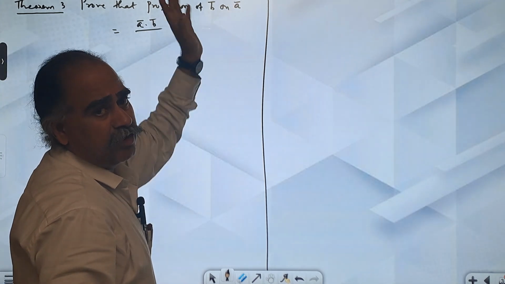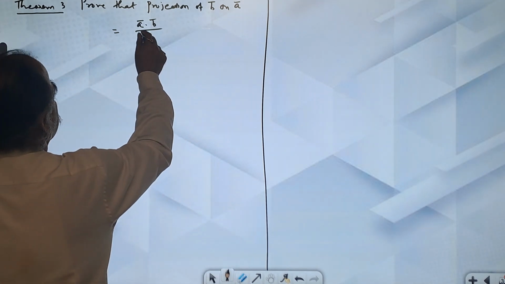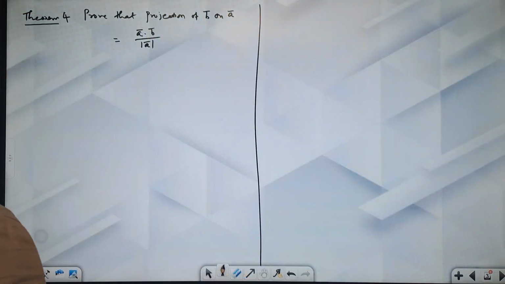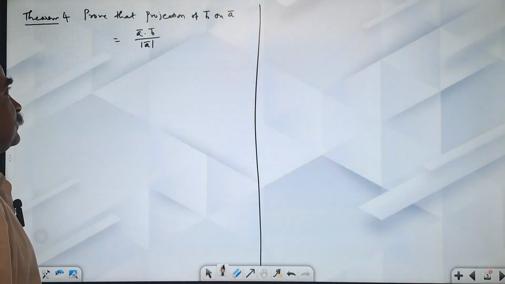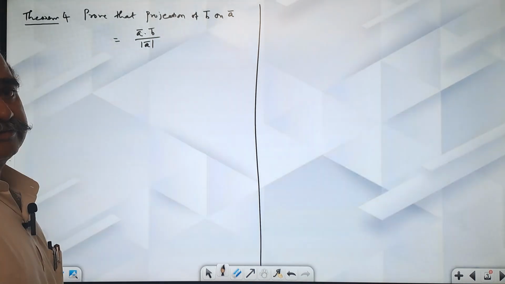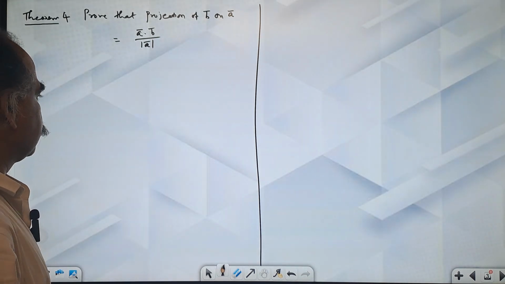On A bar, to mod A bar we have to divide. Theorem number 4 is prove that projection of B bar on A bar is equal to A bar dot B bar upon mod A bar.